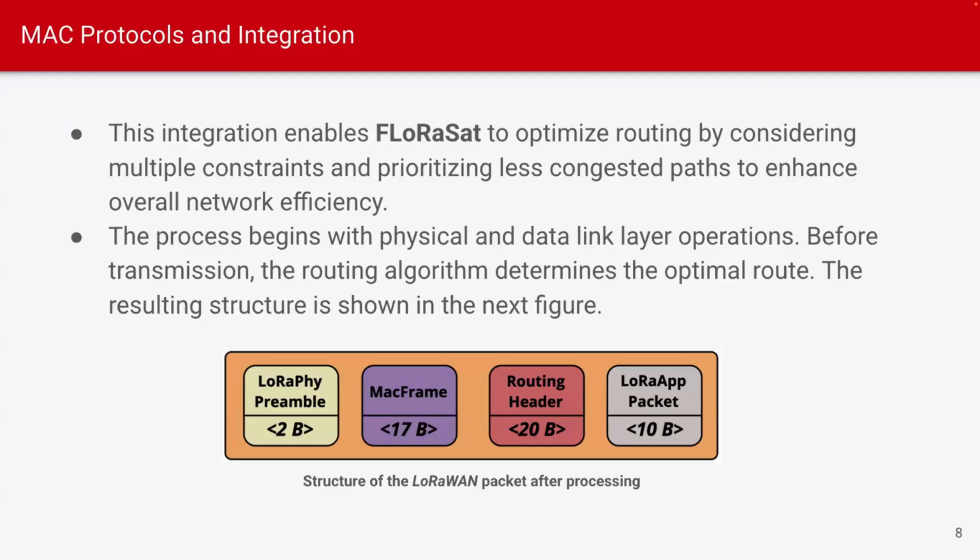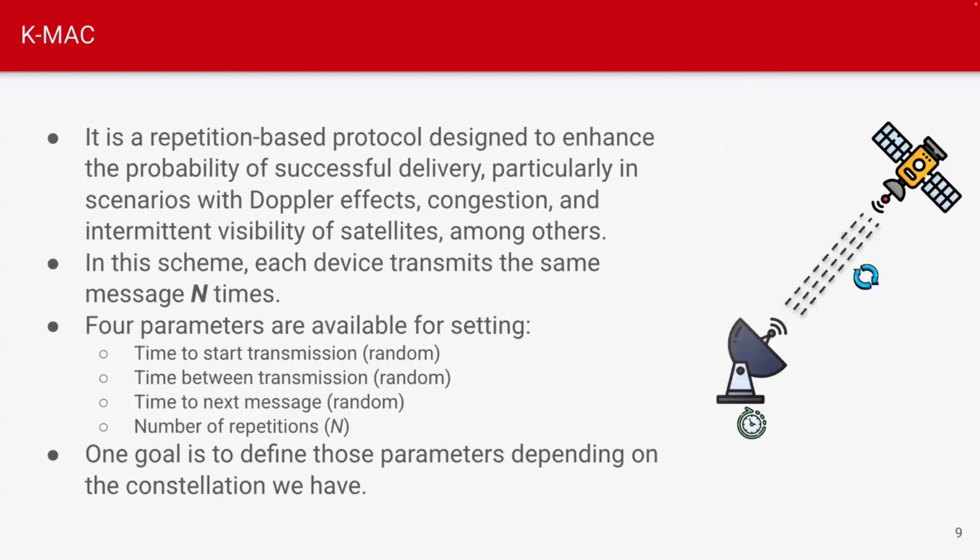Good. Well, the next. Okay, so as Alex said, we implemented this whole frame for each packet, and our goal was to benchmark our new end-to-end system. For that, we used a new MAC protocol that is written to enhance the probability of successful delivery.